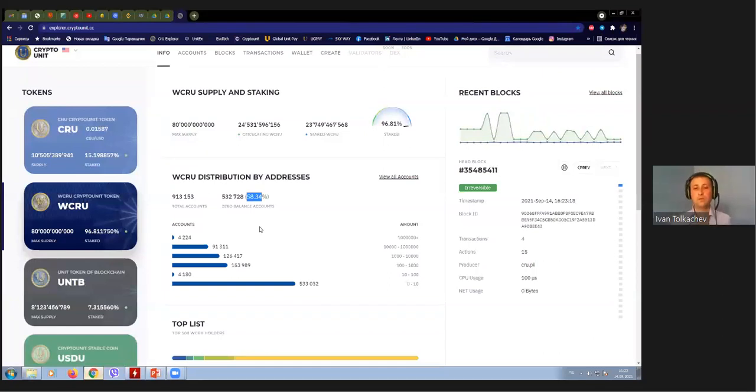And we also see that about 42% of people with accounts on Cryptounit blockchain hold this token, whereas others have zero balance of these tokens.